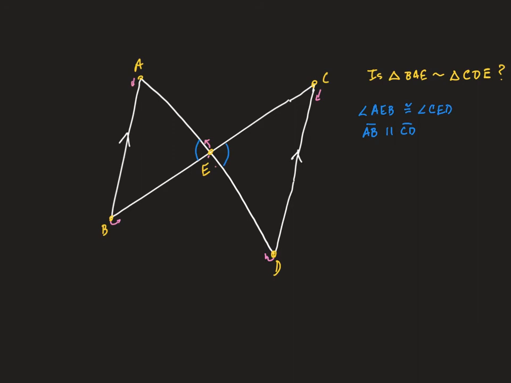We should be able to pick out that angle A here should be an alternate interior angle to angle D. And then angle C should be an alternate interior angle to angle B. So it looks like we actually have three angles that are congruent on these two triangles. So I definitely have angle similarity because all three angles are congruent.